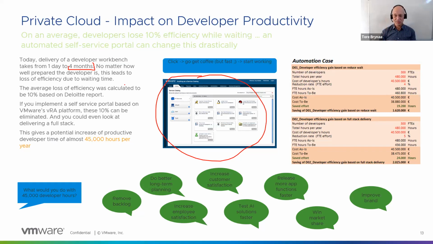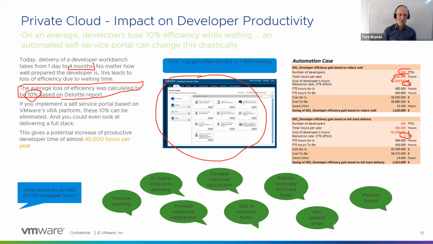Anyway, so this supermarket chain, they had Deloitte analyze how they were working, and they found out that the average loss of efficiency for their team was around 10%. So if you have 300 developers, then you have a number of hours and a cost, and then you say, well, we can reduce the waiting and we can reduce the mess of getting this development environment delivered.